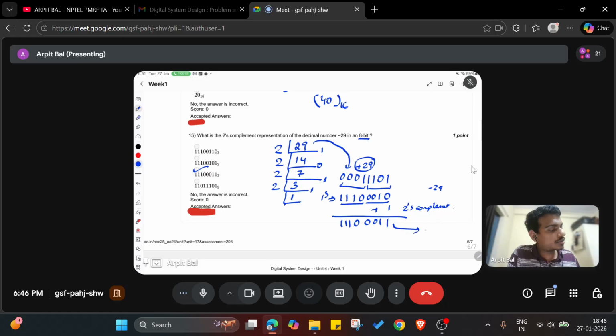Then it becomes the 8-bit representation of minus 29. The MSB is 1 for minus 29. So when you are finding the twos complement representation of minus 29, start by taking the number as plus 29 and then proceed to take the twos complement. Okay, sir, thank you, sir.